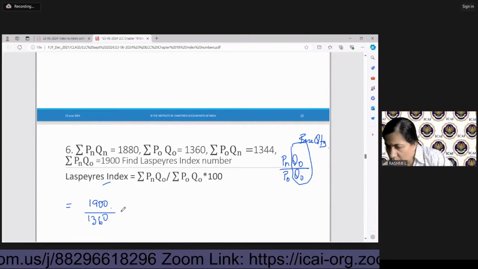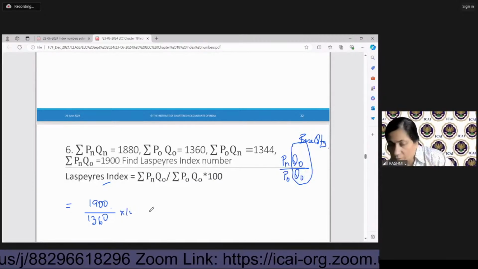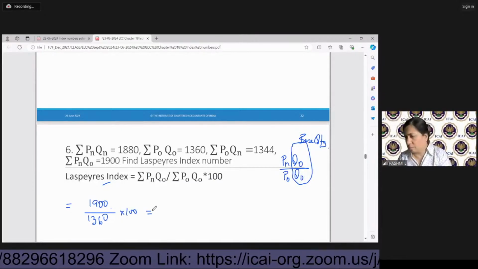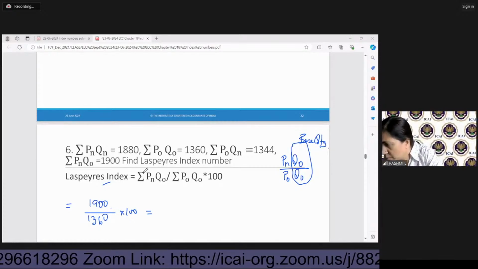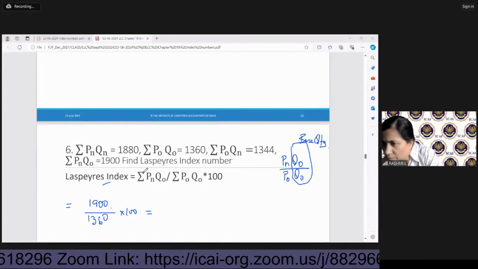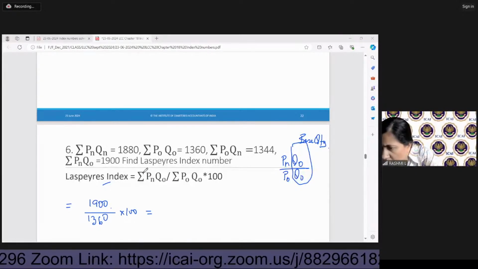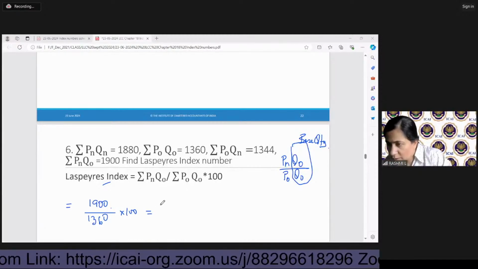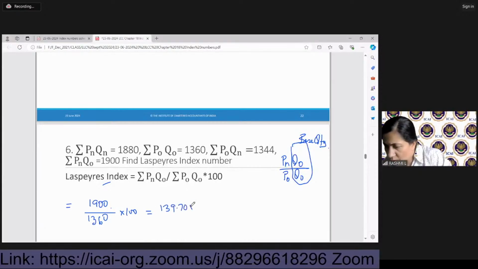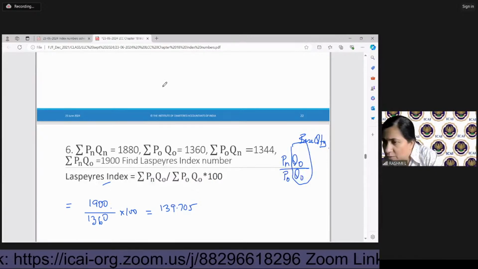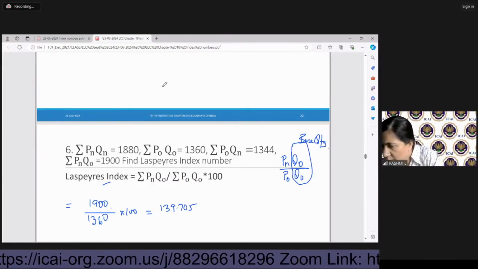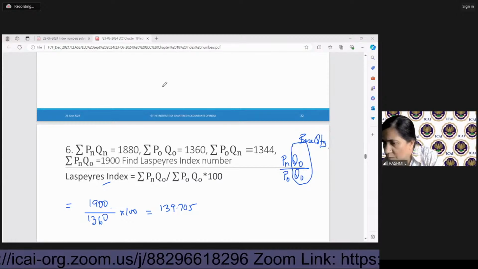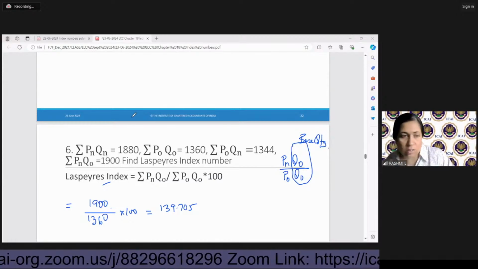So how much is this equal to into 100? 139.705. Something like this. Excellent. Reshma, Khadija, Anushka.